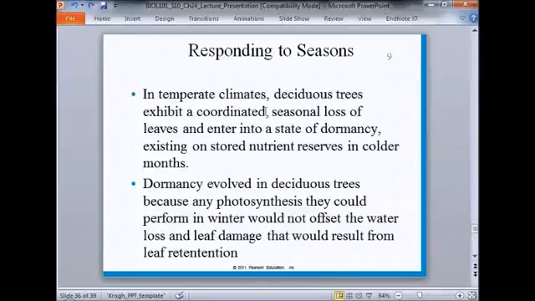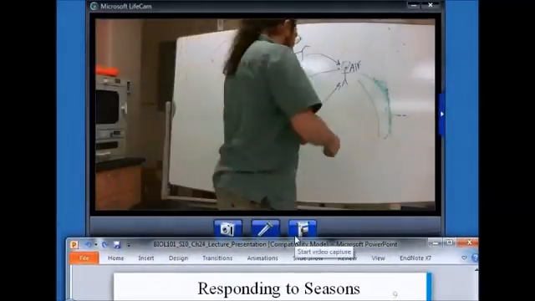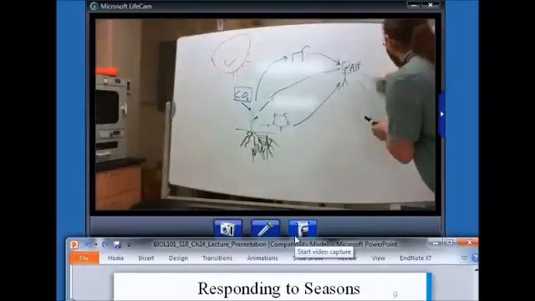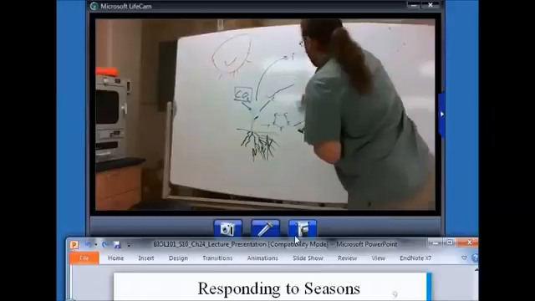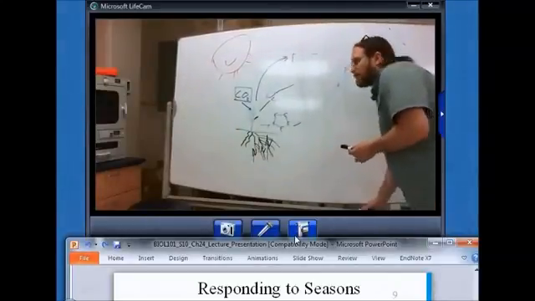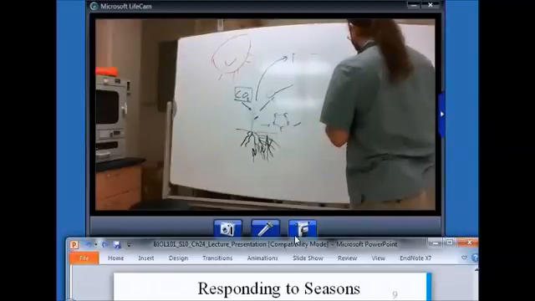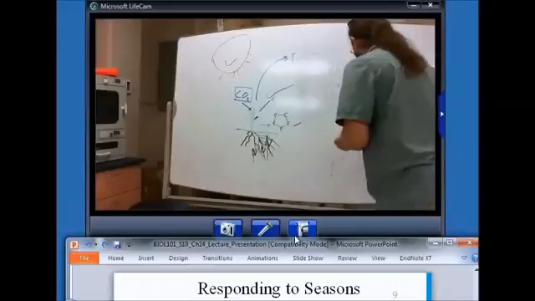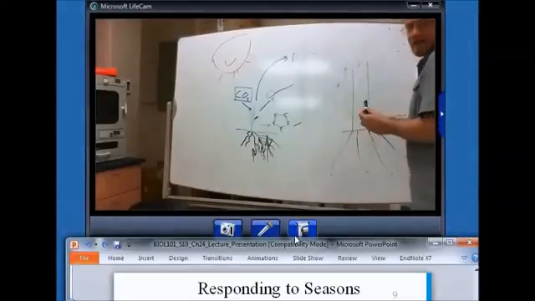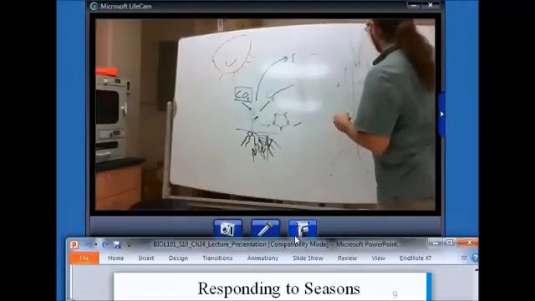Those leaves at the top of a tree take constant energy inputs to keep going. If you have a tree, and it looks like this, you've got the trunk, let's say, here are roots down here, and here are our leaves up here.